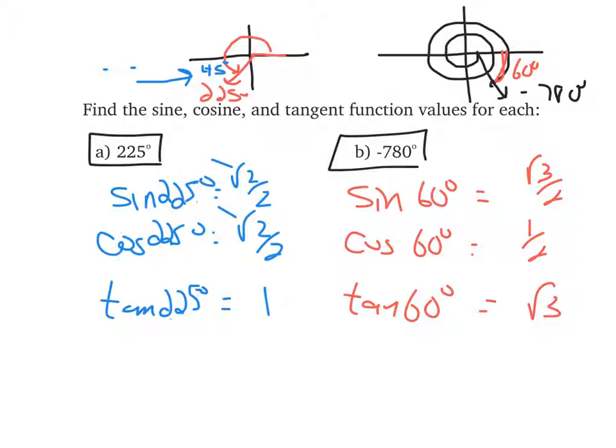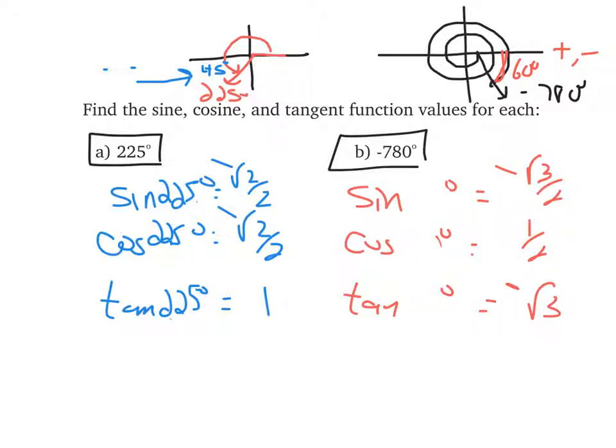All right, so I'm not looking for 60, but look what quadrant I am in. I'm in the fourth quadrant, which means that x is positive and y is negative, which means my sine is going to be negative, my cosine is positive, and because they have different signs, my tangent's negative. But remember, we're not trying to find 60. I'm looking for negative 780.